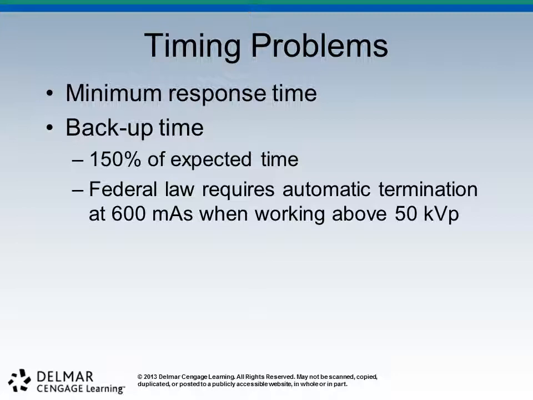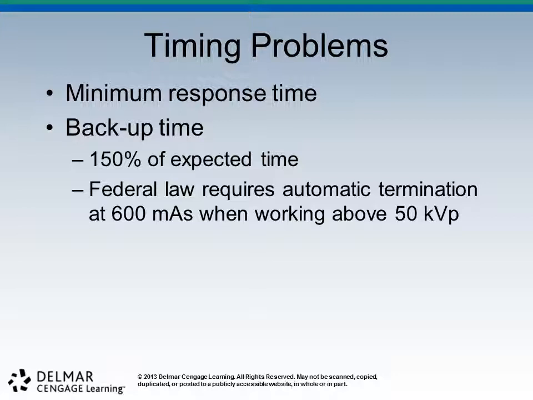when you expose somebody using a phototimer, this is a federal requirement. The backup time has to be set at 150% of your expected exposure time. There is, ladies and gentlemen, a backup timer on your control panel. Look for it. And let's say you anticipate it to be a tenth of a second exposure.